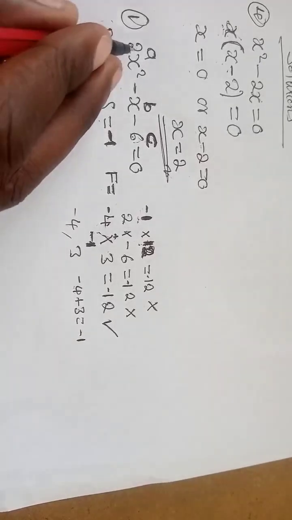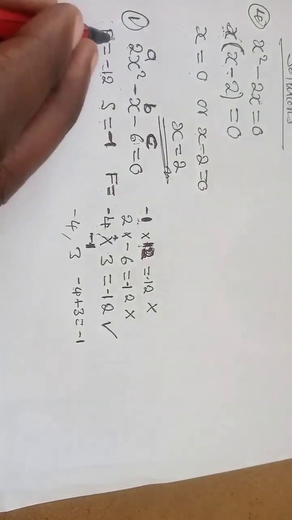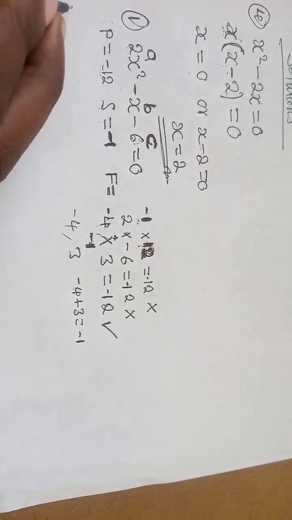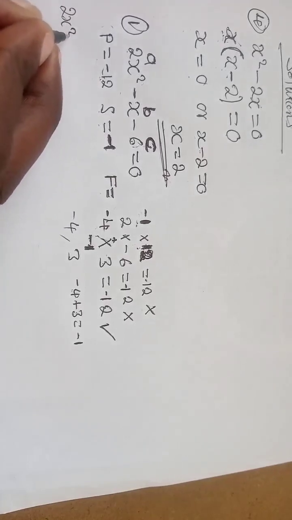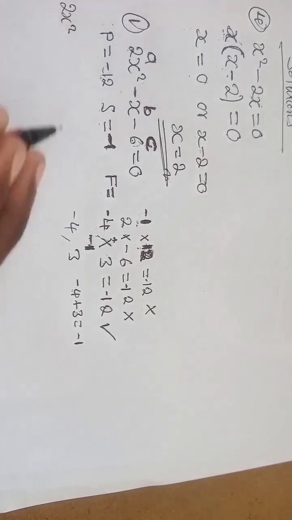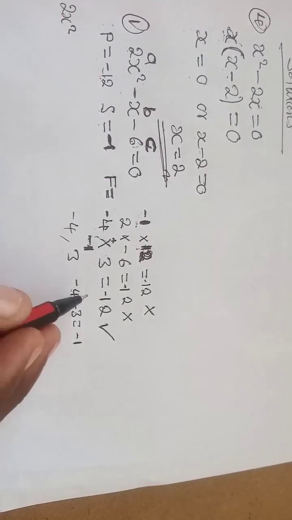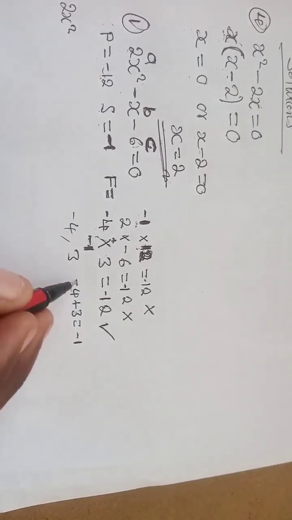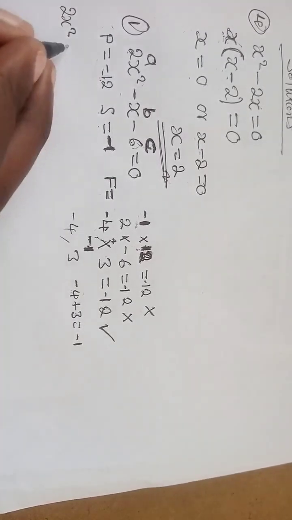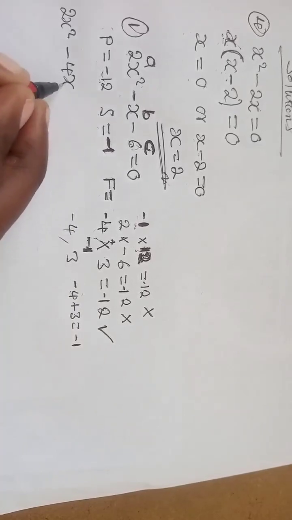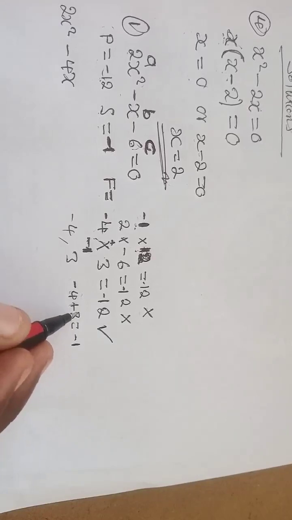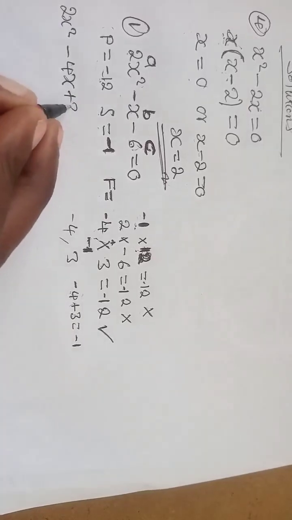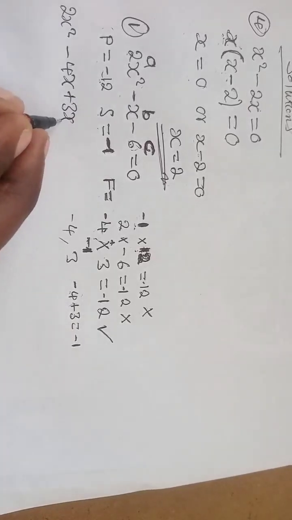So we get the coefficient of a, which is 2x squared. Then you get one of the factors, which is -4, so it is -4x. Then this one is +3x.